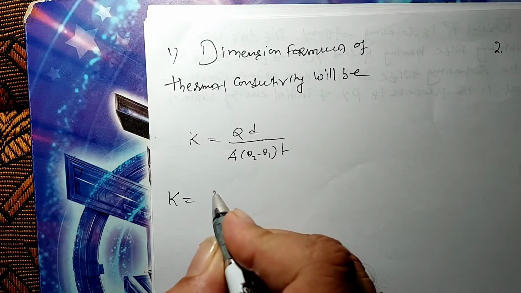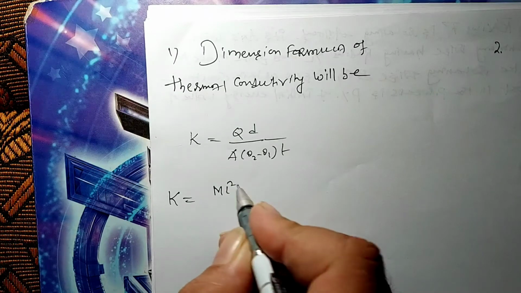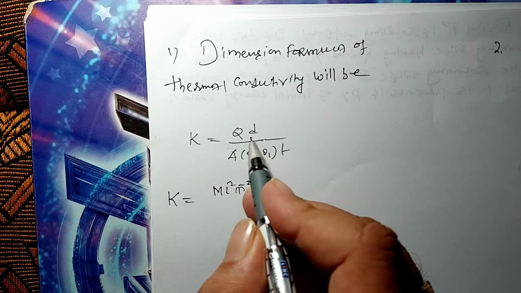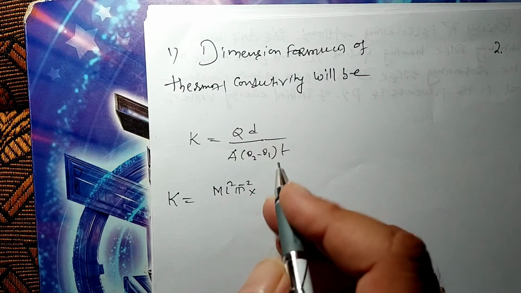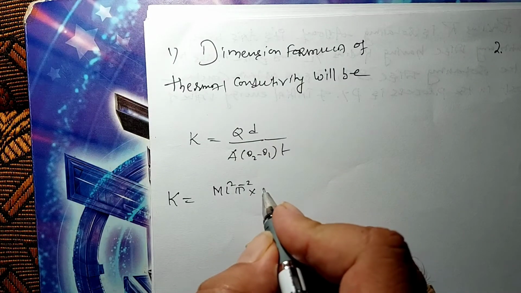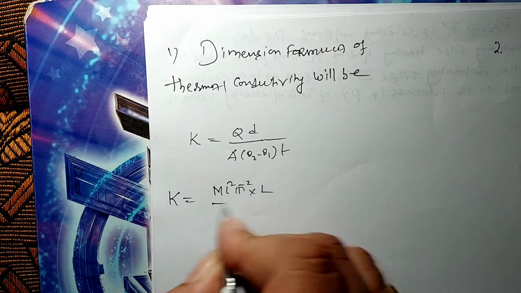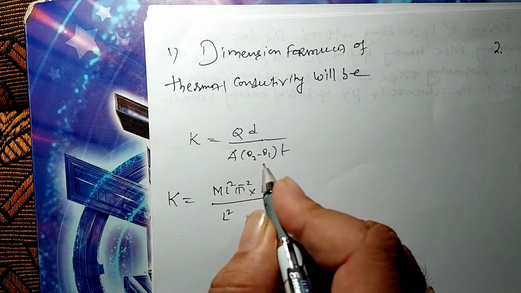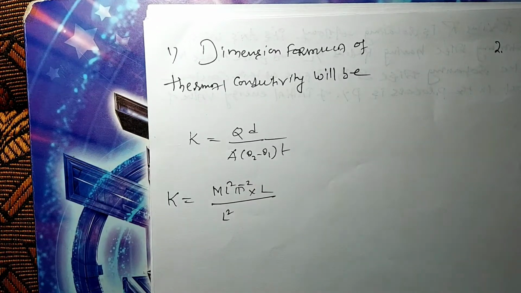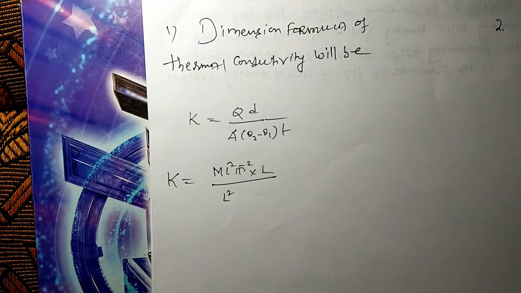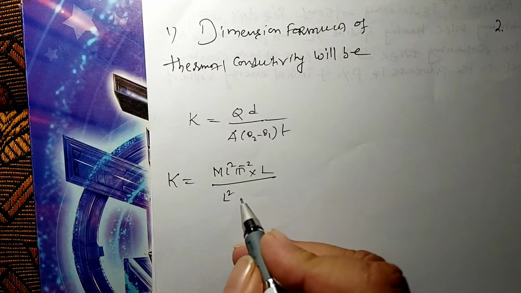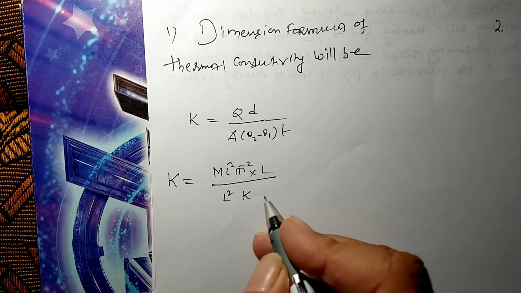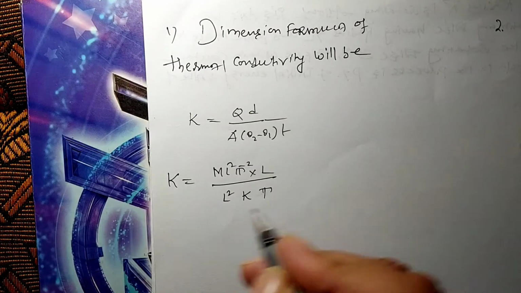Dimension formula for heat energy is ML^2T^-2. d is the distance between the two ends of a solid, so that is L, by area of the slab, L^2. Theta 2 minus theta 1 is the temperature difference between two ends of a slab, so that is K. T is the time, this capital T.